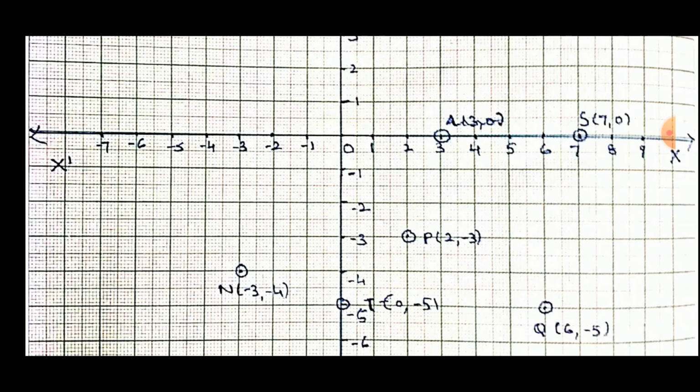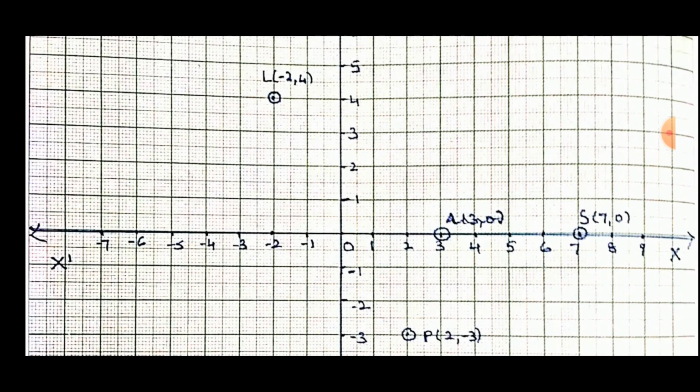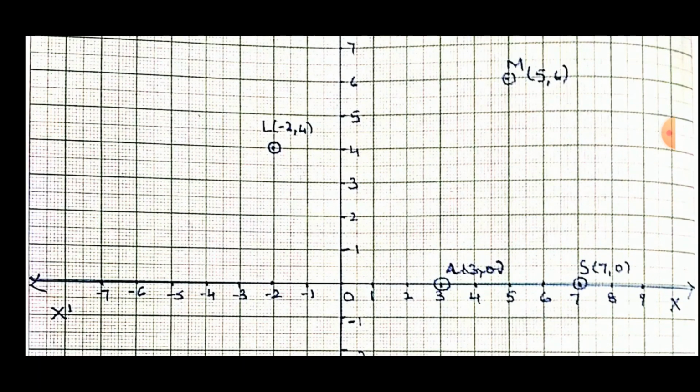Since the y coordinate is negative -4, move down by 4 units, 1, 2, 3, 4. This way, after taking the x coordinate on the x-axis, if the y coordinate is negative, you have to move downward by that many units. And if the y coordinate is positive, you have to move up by that many units.